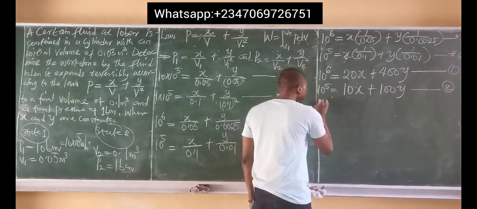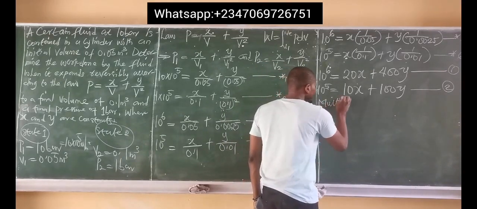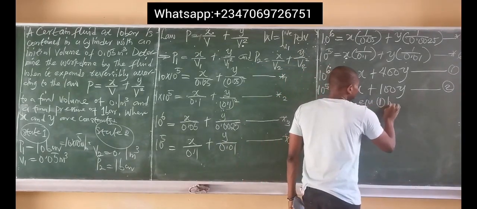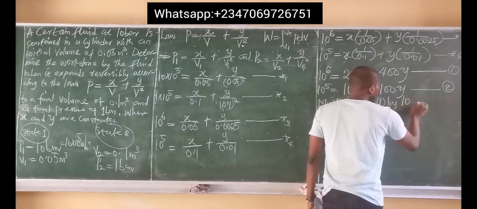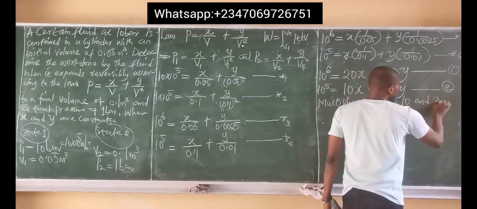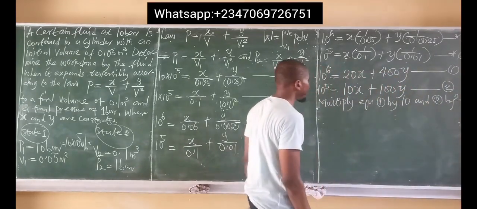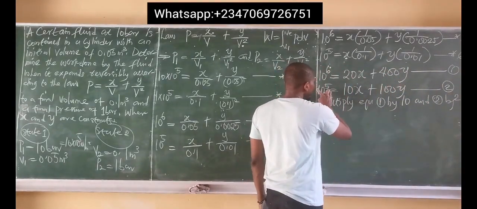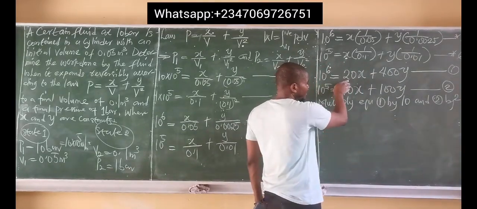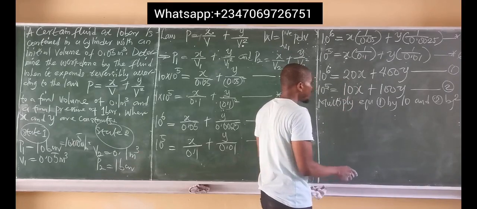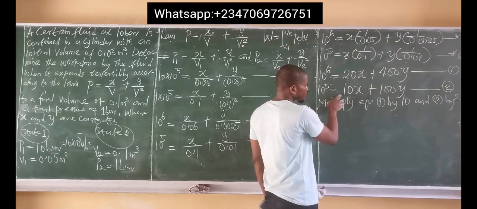So you simply say multiply equation 1 by 10 and equation 2 by 20. So you're simply multiplying the whole of equation 2 by the coefficient of x in equation 1, which is 20, and you're multiplying the whole of equation 1 by the coefficient of x in equation 2, which is 10.